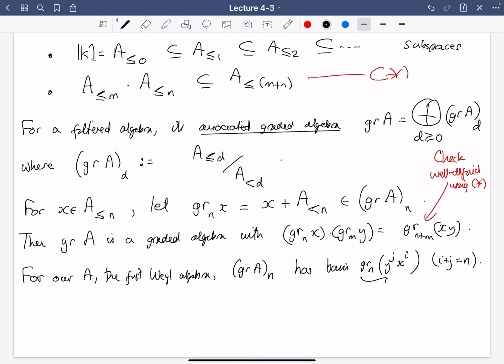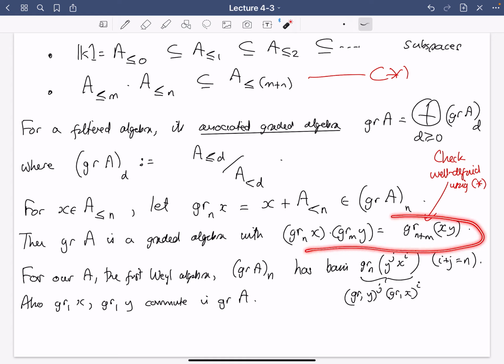But this is actually just equal to gr 1 y to the power j, gr 1 x to the power i. Also, gr 1 of x and gr 1 of y commute in the associated graded. Remember the definition of multiplication in the associated graded right here. So what have you got to do to check that?